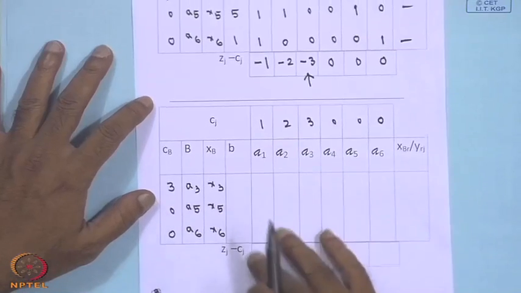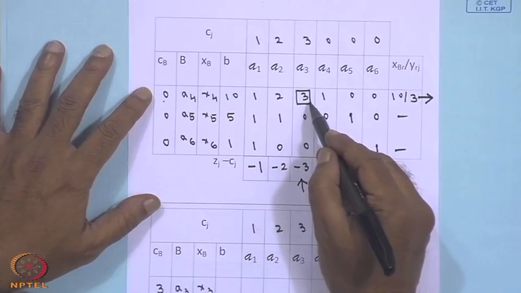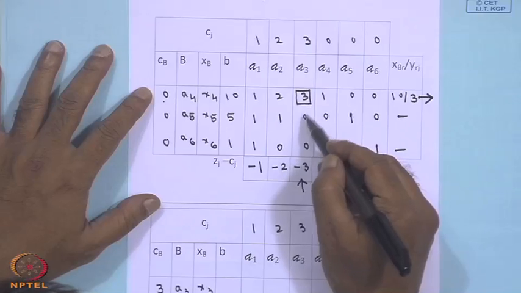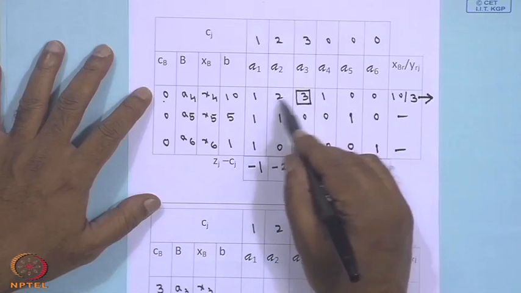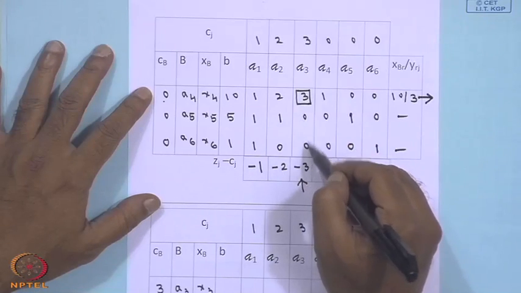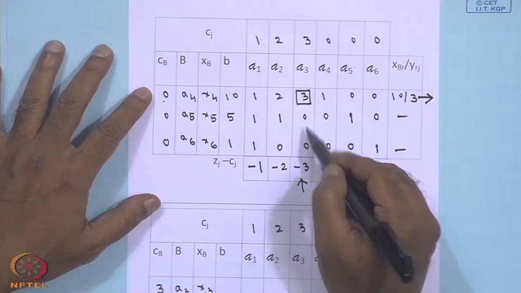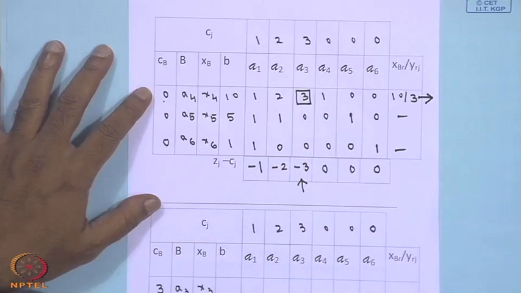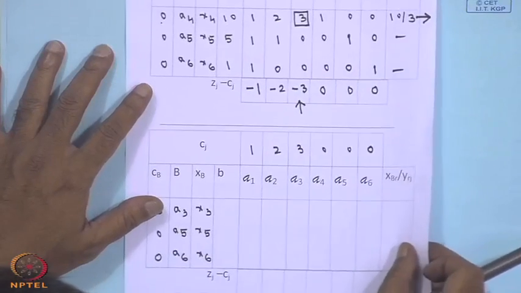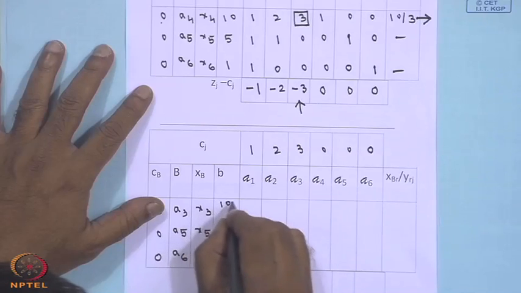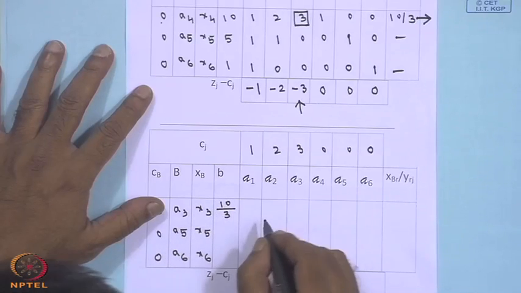So, now what I have to do? I have to make this element 1, and the next two elements in the entering vector column should be 0. Already it is 0, so I do not have to do anything; the only thing I have to do is divide the row by 3 to make that key element 1.